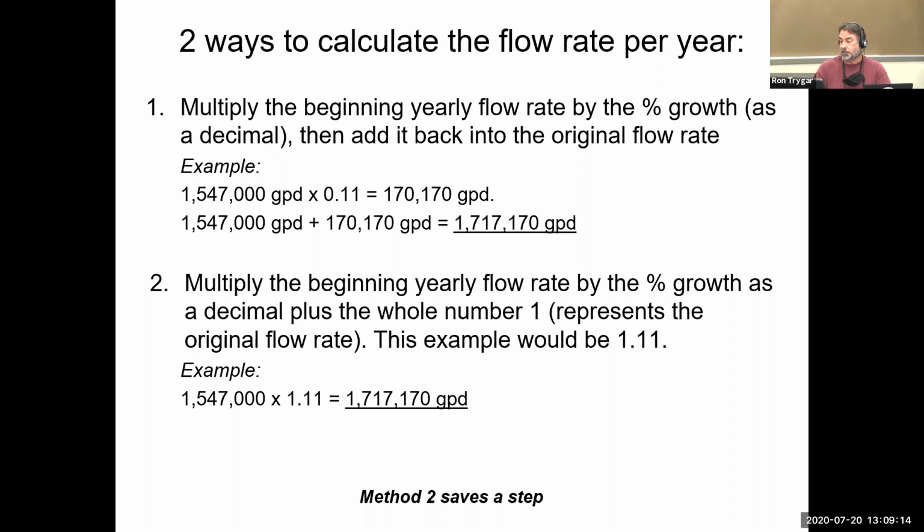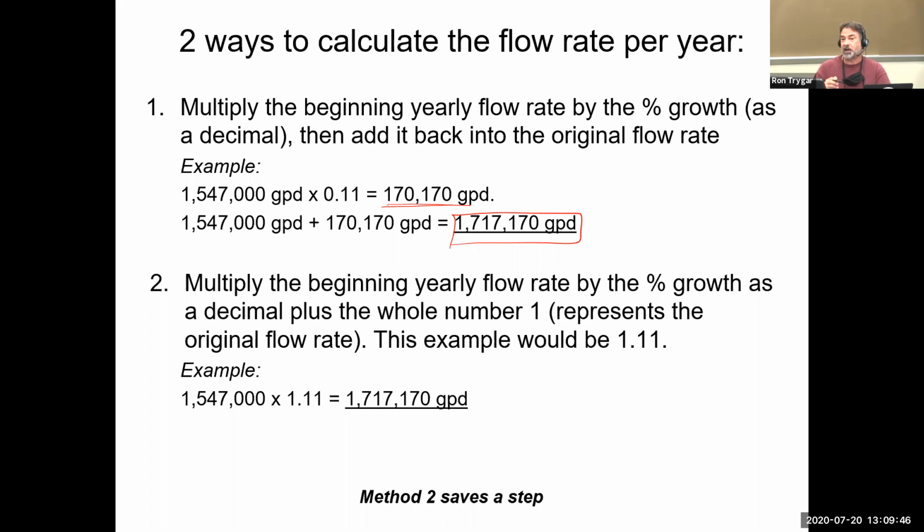What we're showing here is an example of 1,547,000 gallons per day times 11%, which is the difference, and then adding that back into the original flow comes up with the new gallons per day, right? So we had 1,547,000 gallons times the 11% difference added back in. So you could do that. That's an extra step that we can take, and you can figure out what your flow rate's going to be.